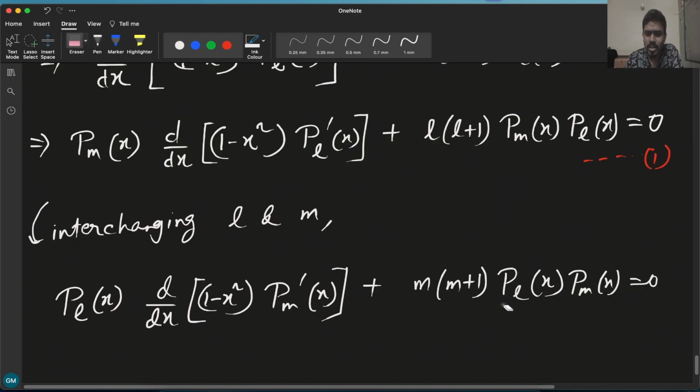As this is a multiplication between P_l(x) and P_m(x), I can write it as P_m(x) P_l(x). Let me call it equation 2.